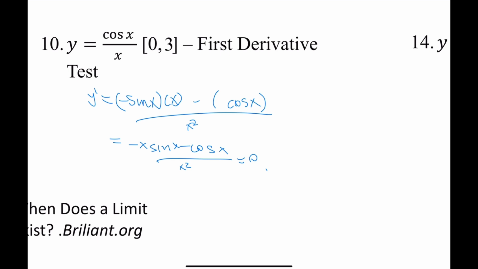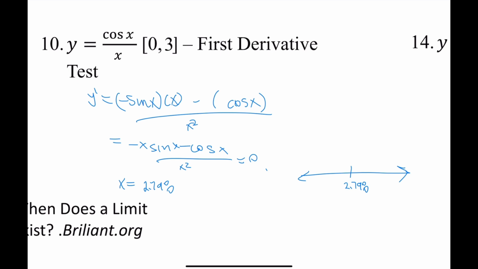Okay, and I see that actually there is an intersection or a 0 from this curve. Okay, so this is when x equals 2.798.